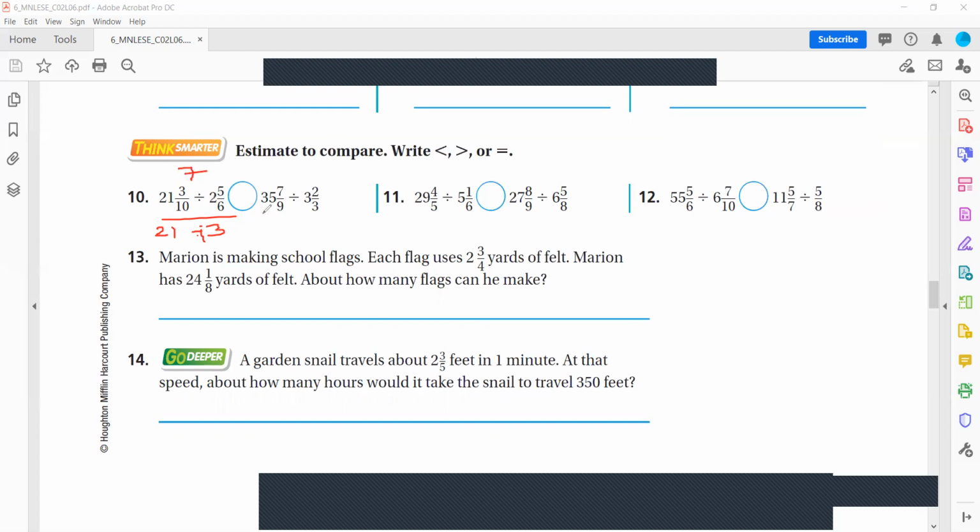Like if I say 35 and 4, it's a 36, 36 divided, so it's like 9. Which one is greater, girls? Am I correct?